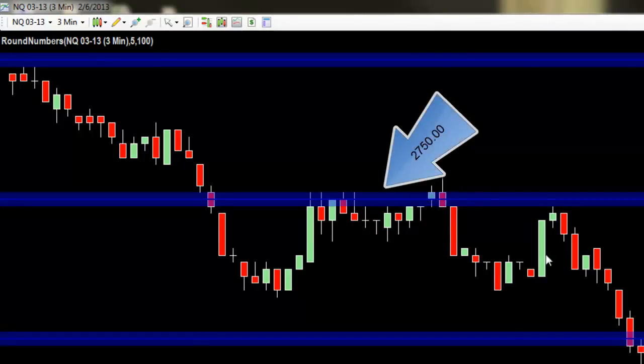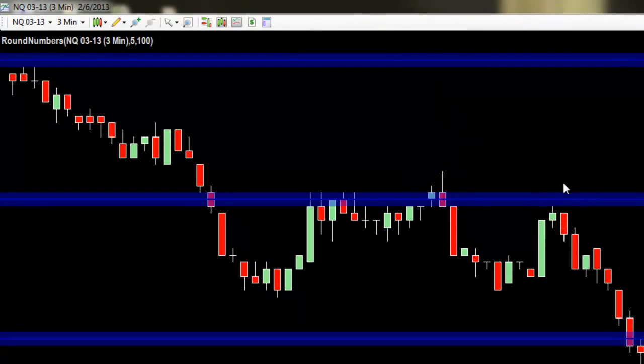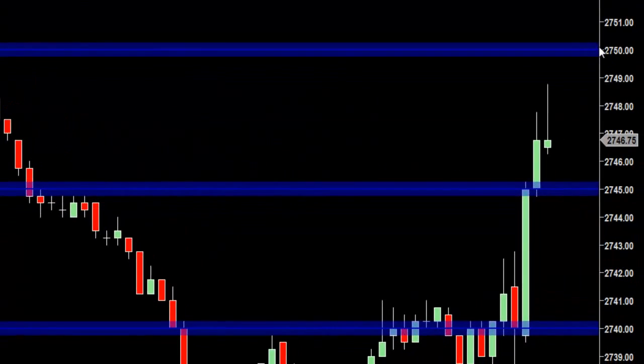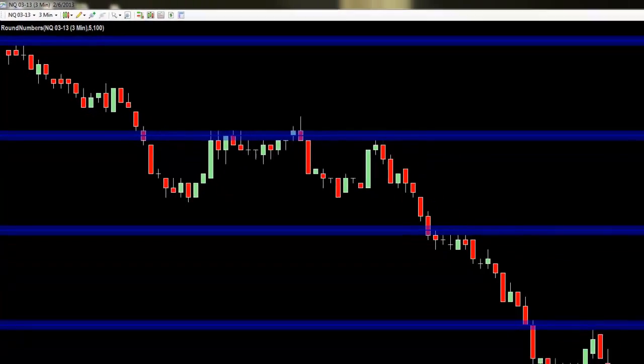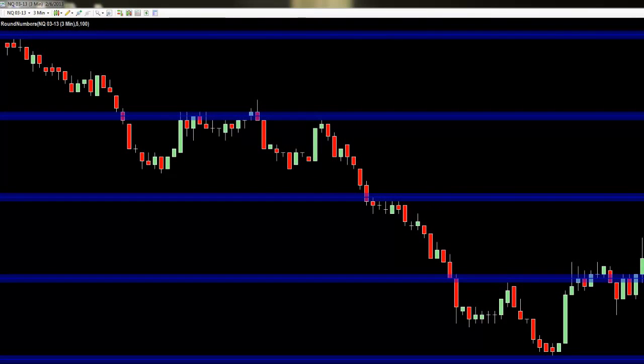Price drops again, and then we get yet another pullback within a tick or two of our actual 2750 line right here, and then down we go. And like I was saying earlier, if it breaks down through these even levels, like in this case, here's 2745, price keeps continuing to fall.